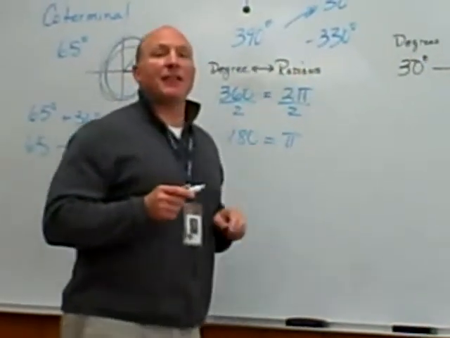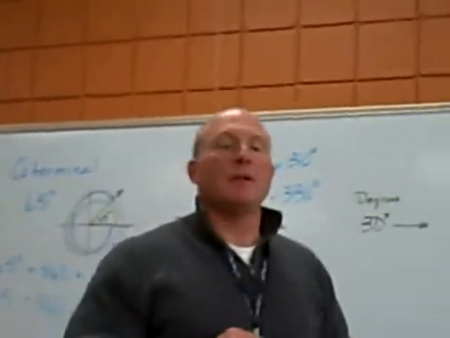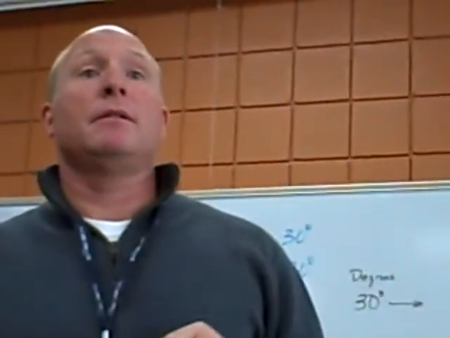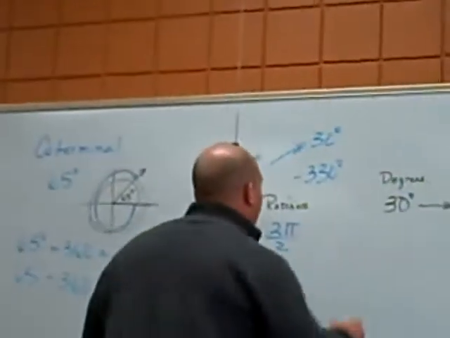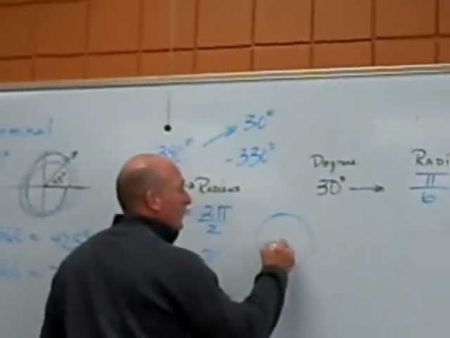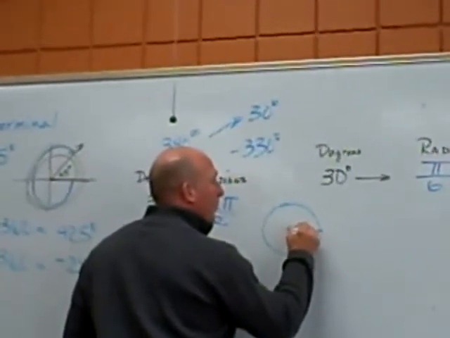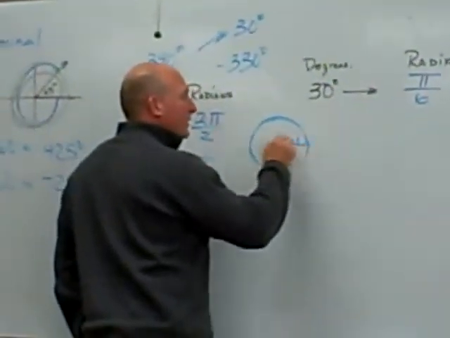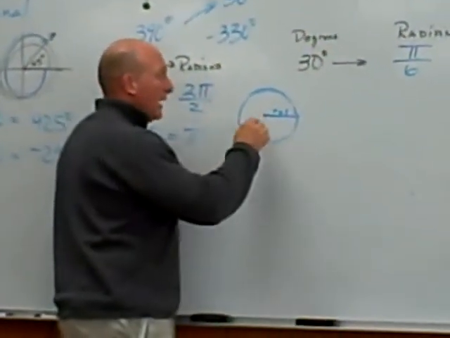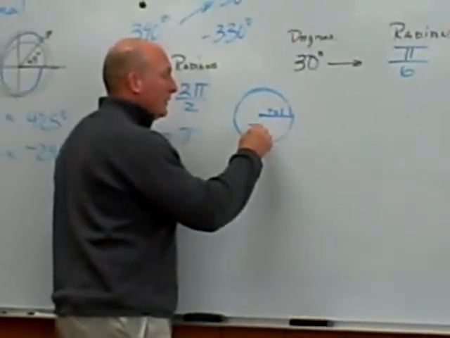2? Because how do you find the circumference of a circle? 2 pi r. What's my radius? We're assuming it is 1 here. Okay, so if I draw a circle with a radius of 1, and I go completely around, I take 2 pi times 1.